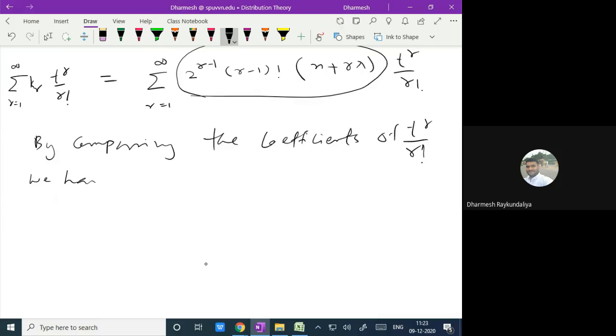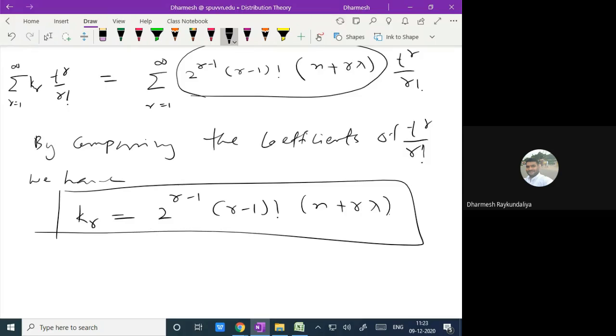We have the rth cumulant equal to 2 raised to r minus 1 into r minus 1 factorial n plus r lambda, the rth cumulant of chi square n lambda. Okay. Any questions, anyone? Of course, r is running from 1 to infinity.